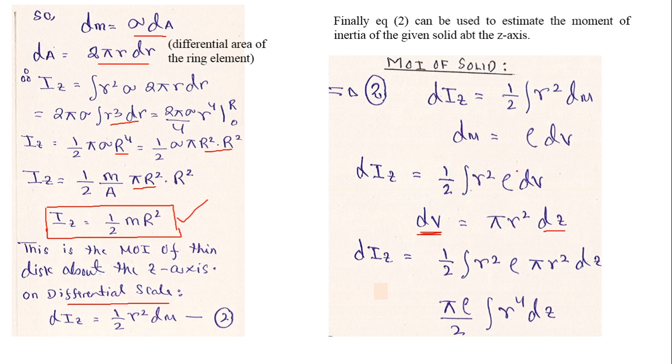So in place of this dV I can write pi r square dz, and this will become r4 dz. This pi is a constant, and rho is the density of the solid given to me, a constant. Okay, so this will come out of the integration sign, and I will have integral r4 dz.